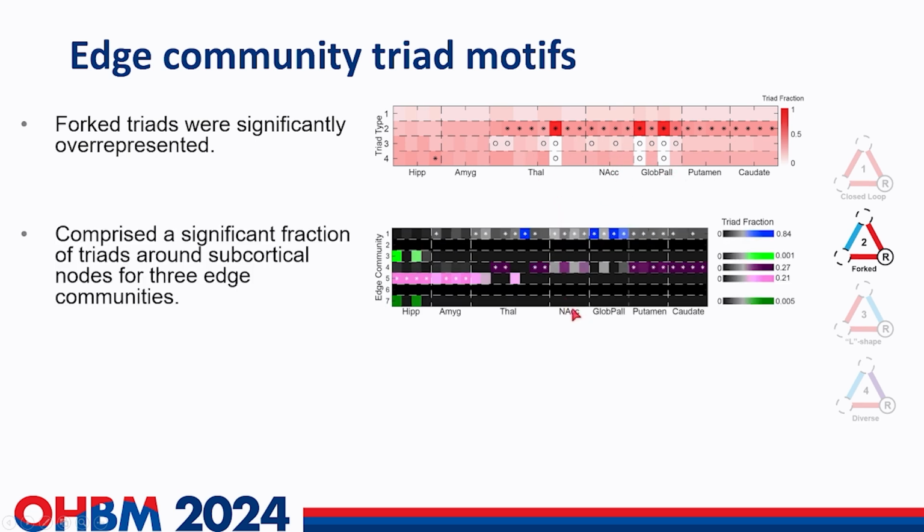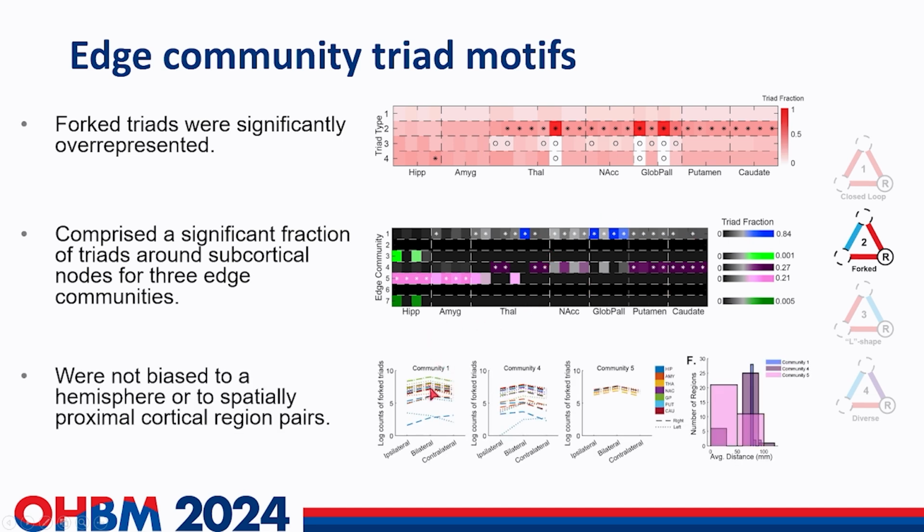Breaking this down by community, you see edge community 1, which was widely distributed throughout the striatum and thalamus, has significant overrepresentation of fork triads, and edge communities that were predominant in the hippocampus and amygdala also have that significant representation at the edge community level. They just didn't show up here because it's largely dominated by these two communities.